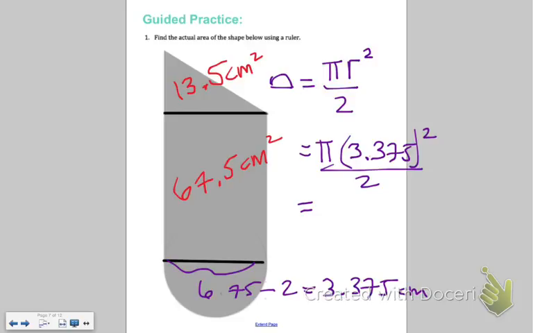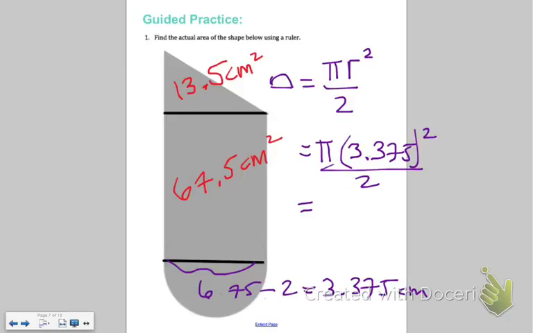So the next thing I'm going to do is take that number instead of rounding and multiply it by pi right on your calculator. So we're going to have 35.7847, another large number. So again, instead of rounding now, we're going to do that as our last step. So the last thing that I have to do is divide by 2.